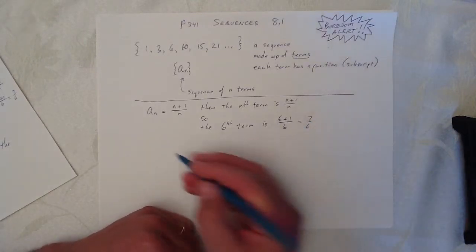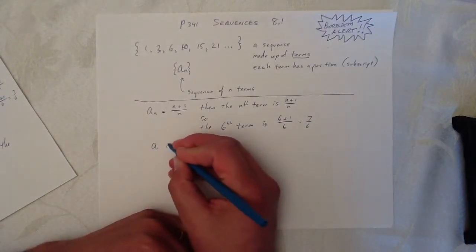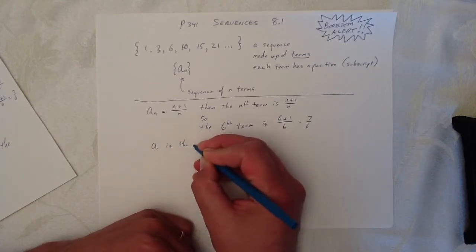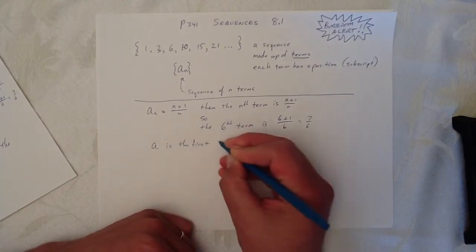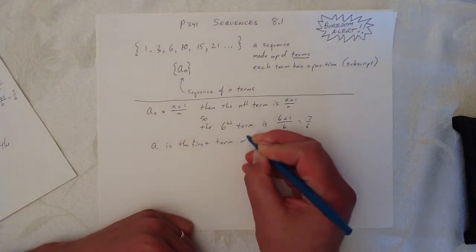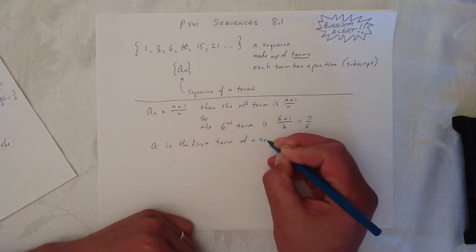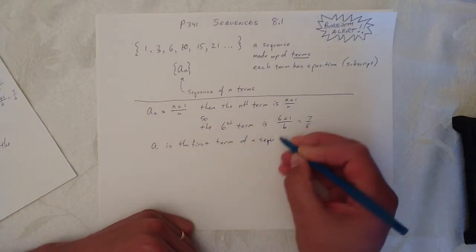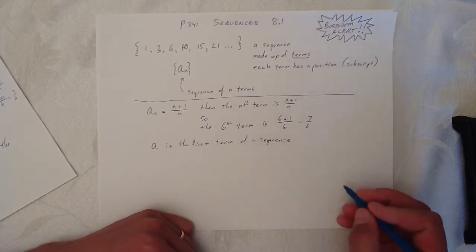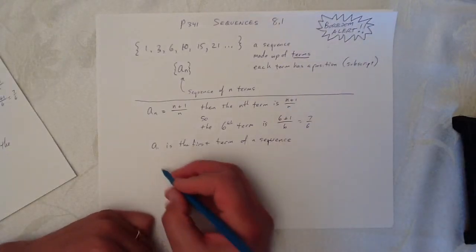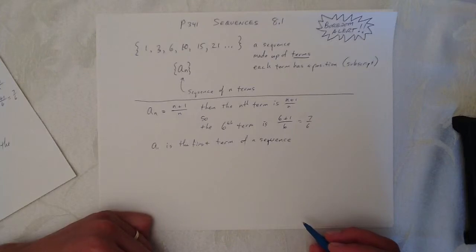So A_1 is the first term of sequence A. Now, here's where the book gets tricky. It explains something called recursion on page 341.